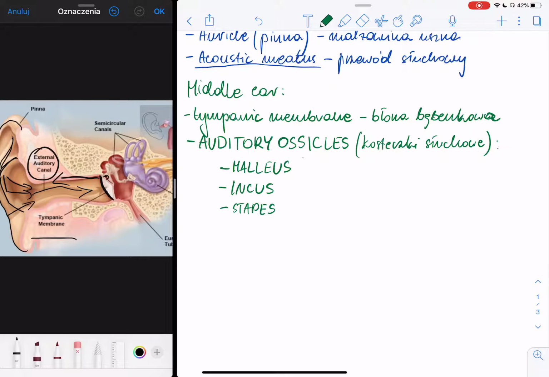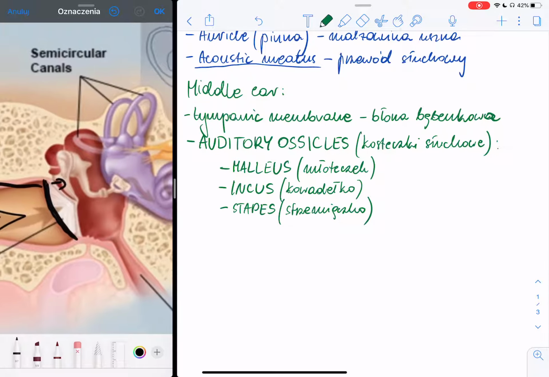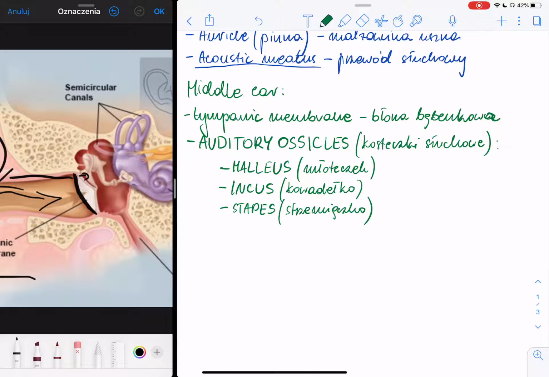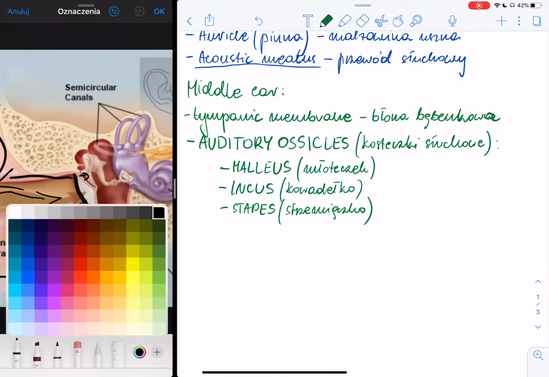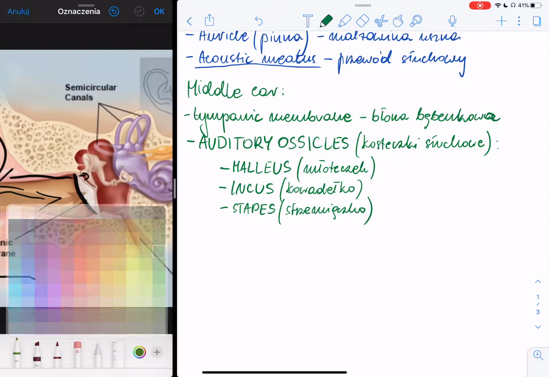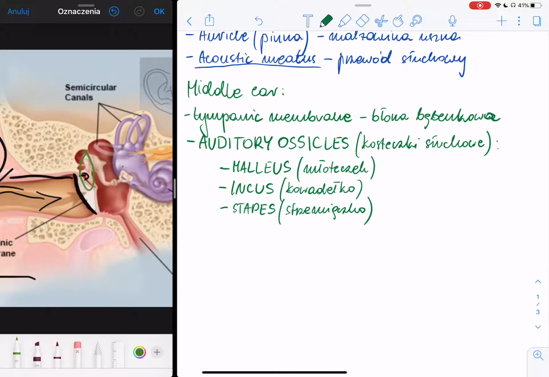Po polsku to młoteczek, kowadełko oraz strzemiączka. And in this diagram, they are here. Młoteczek, kowadełko oraz strzemiączka, czyli malleus, incus, and stapes.